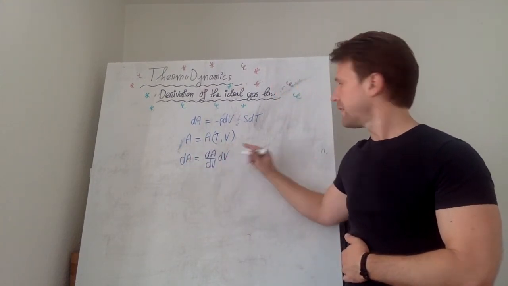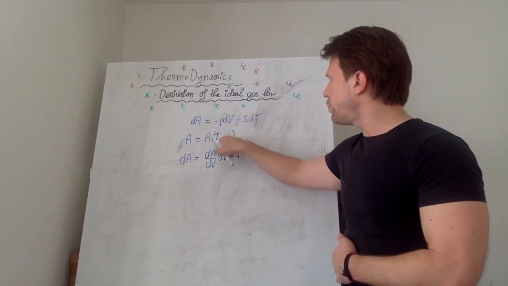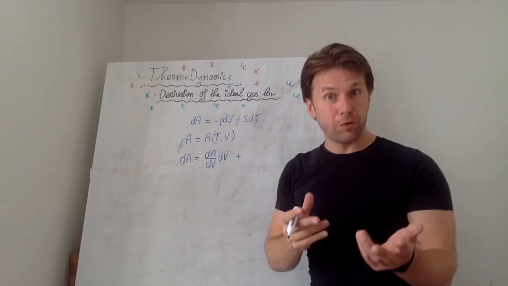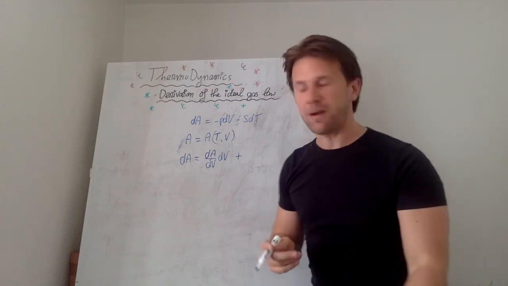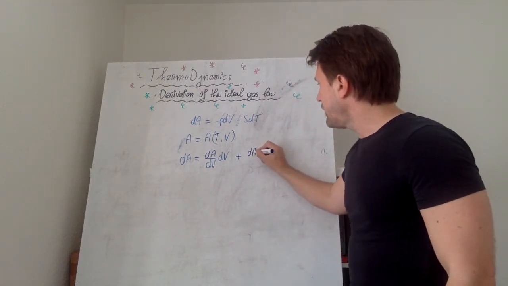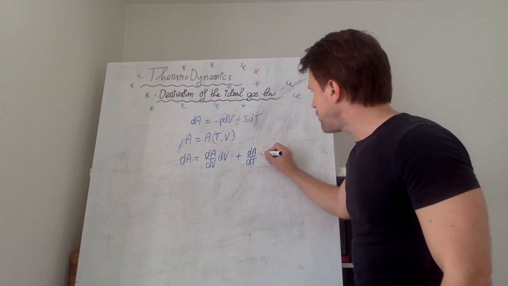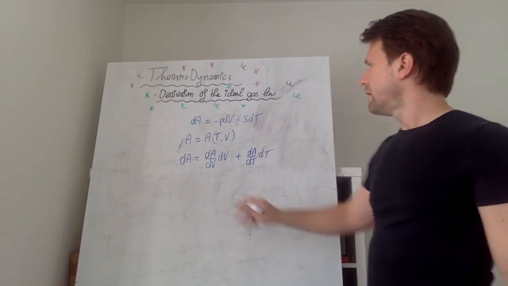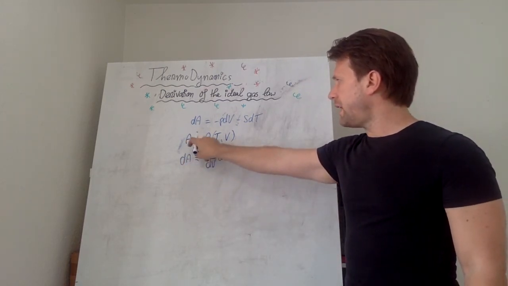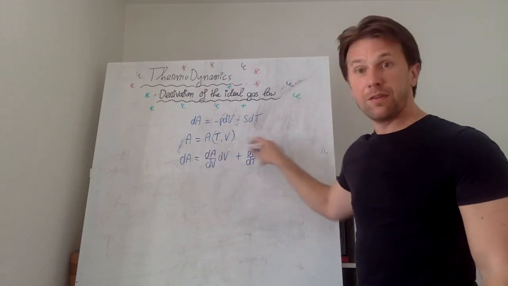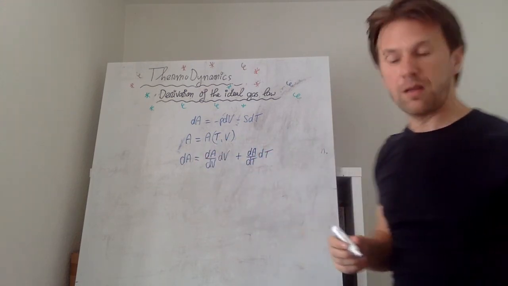This is a chain rule. But since you have two parameters here, you use the chain rule twice, once for the V part and once for the T part. So I know from derivative taking, just pure mathematics alone, that my small amount of change of the Helmholtz energy is the same as what the chain rule tells me that it should be.